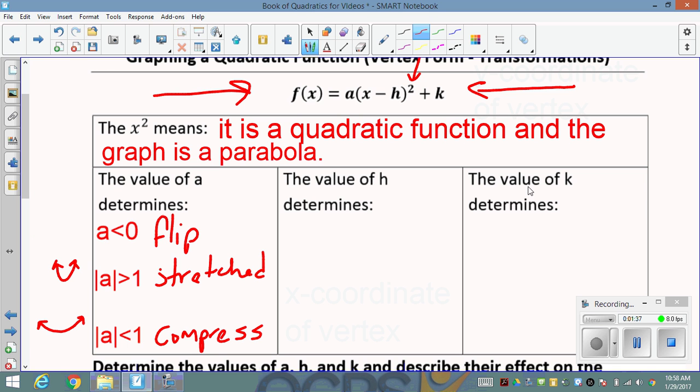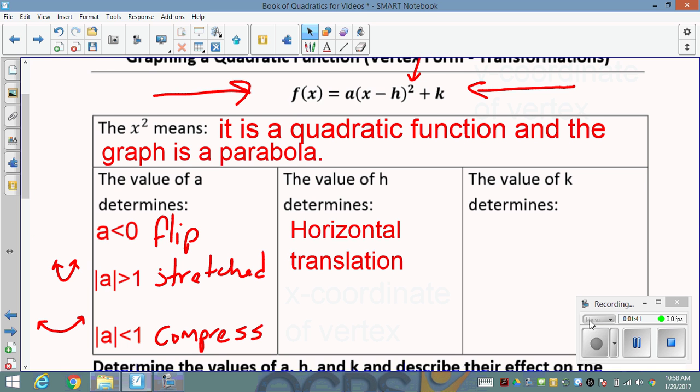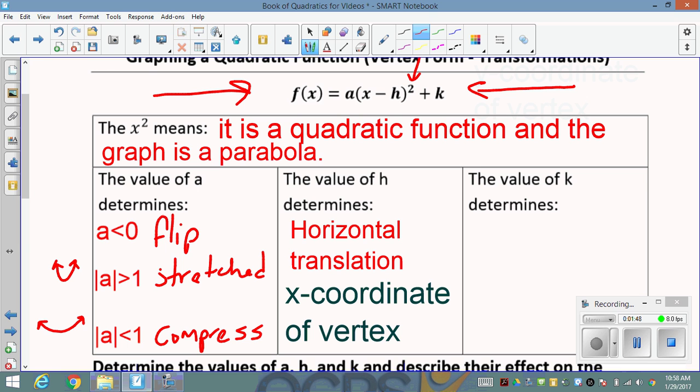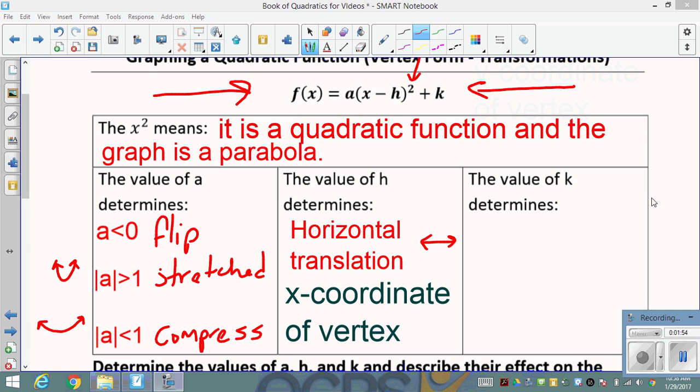The value of h determines the horizontal translation, so the movement left and right. And it also tells us the x-coordinate of our vertex. So horizontal translation moves you left to right, and again, that's going to help us determine the x-coordinate of our vertex.